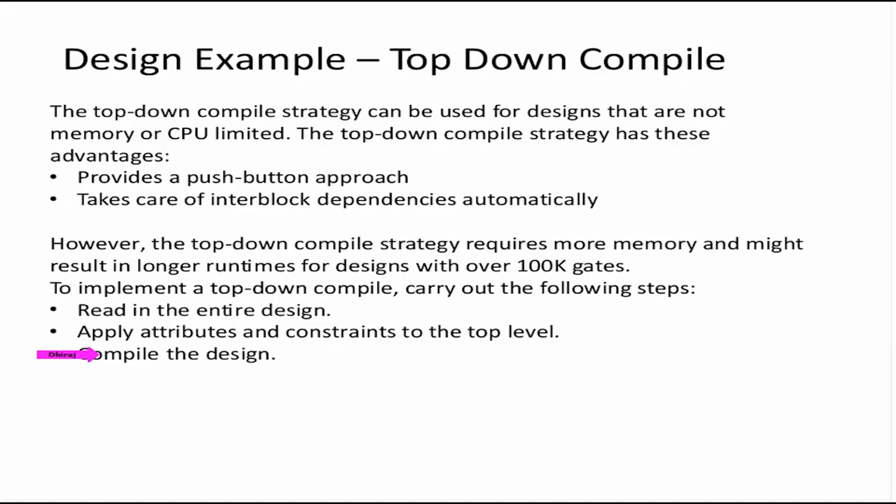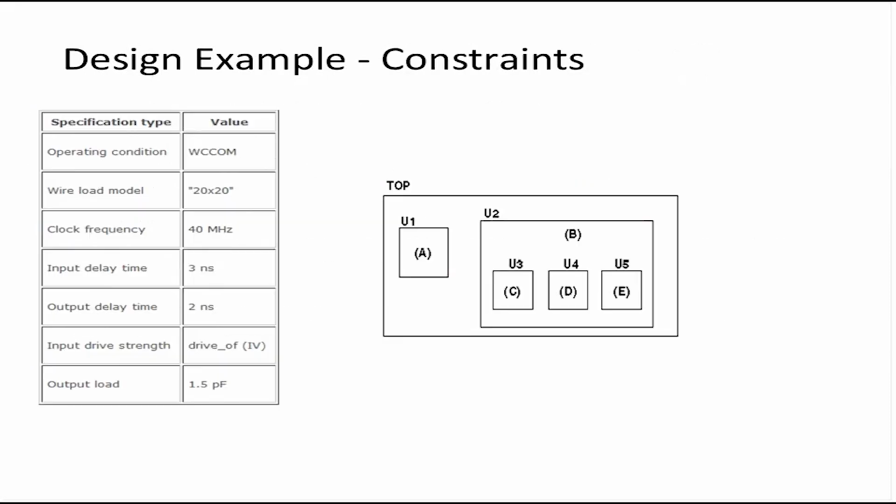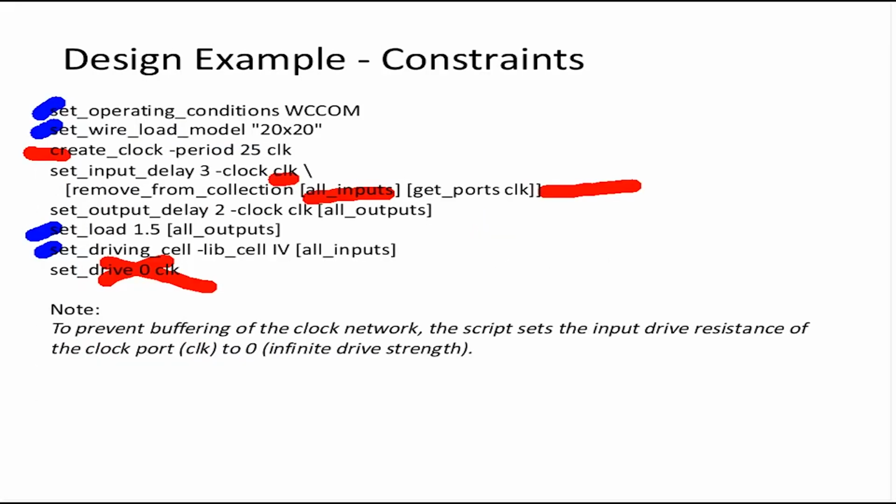You don't have to worry about interblock dependencies. So let's say a design like this, you don't have to worry about the interface between U1 and U2, how to constrain this, because the compile is happening from the top level. So in your labs, you would mostly do a top-down compile, but if you get time, then you should try a bottom-up compile at least once, just to understand the flow.